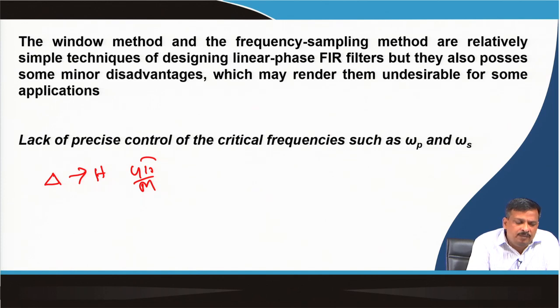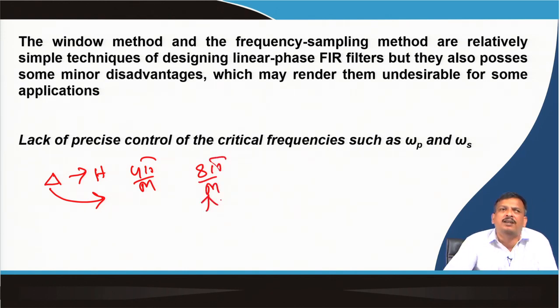But in the case of the rectangular window, the problem is the pass band and stop band ripple. The stop band ripple is very high. Now, if I want to reduce the ripple, then I have to go for another window. Once I use the Hamming window, the transition bandwidth increases to 8 pi by M. So, for the same order, my transition bandwidth is larger.